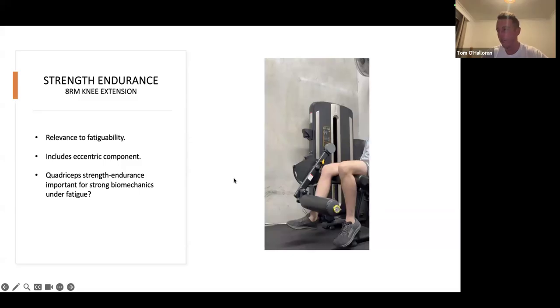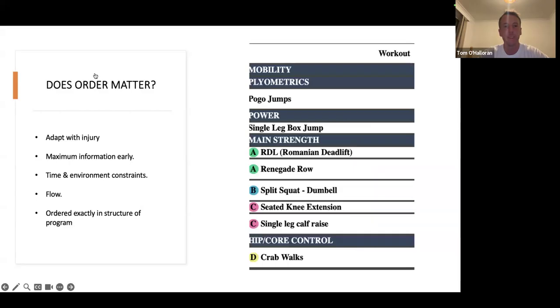I'm thinking strength endurance a little bit more for the quads, because of that fatigue ability. I think when our quad fatigues, our biomechanics fall away. It's just a little bit more relevant to me than isometric concentric strength, but that's just my preference.